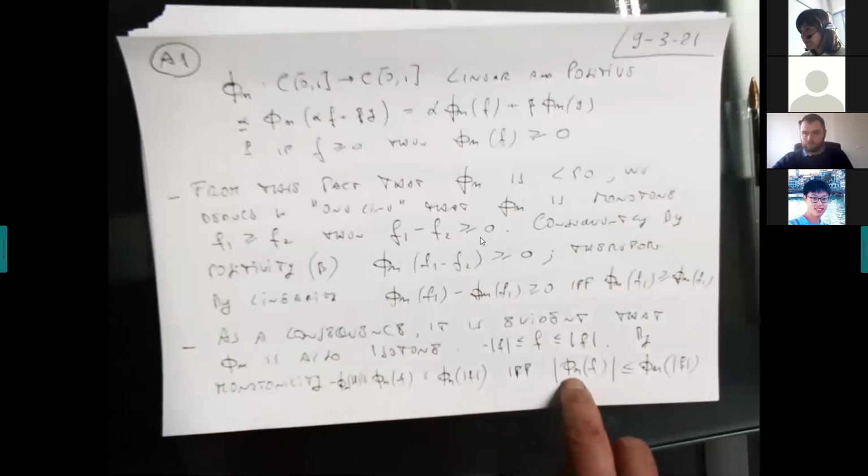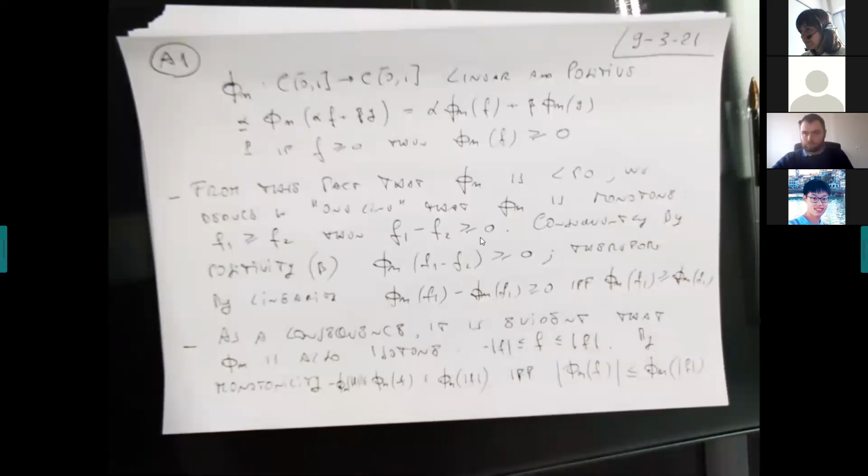Okay, so think of phi n like the integral. The absolute value of the integral of f is bounded by the integral of the absolute value of f. So the integral is isotone. And why is this so? Because the integral is a linear positive operator.